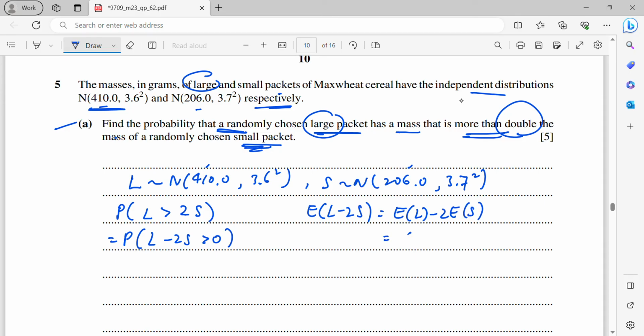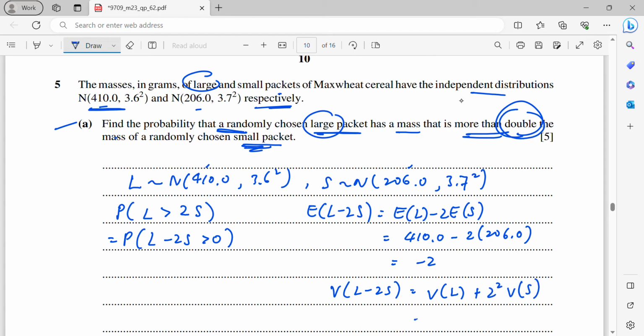So this is going to be 410.0 minus 2 times 206.0, which is going to be minus 2. Then for the variance, this is going to be Var(L) plus, now this 2 means double, therefore it is 2 squared times Var(S).